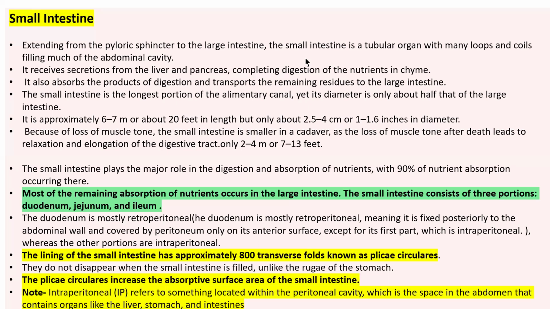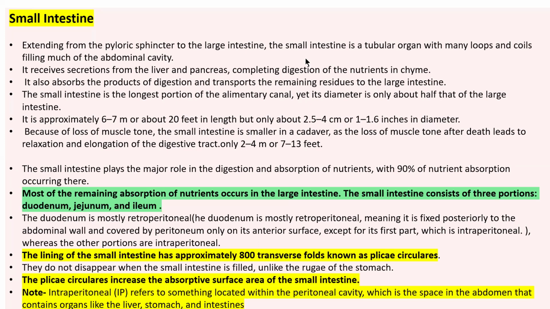Again, the most important point: the rugae of the stomach disappear when the stomach is filled, but the plicae circulares do not disappear when the small intestine is filled.